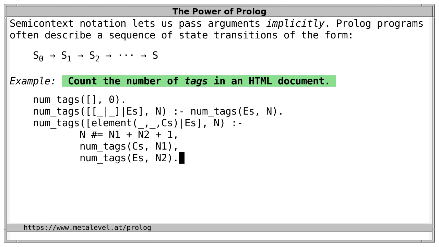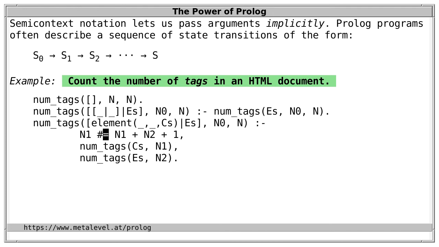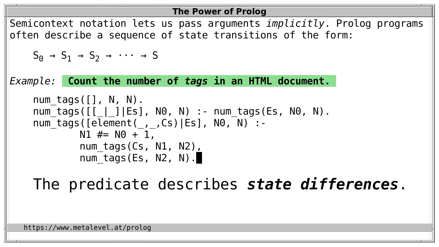And there are other ways too. For instance, we could use 2 arguments for the number, where we have a relation between N0 and N. So like above, we are now in the situation that we speak about state transitions of the form N0, N1 and so on with the final state N. And we can think of this predicate as describing state differences, where in this case the state is an integer.